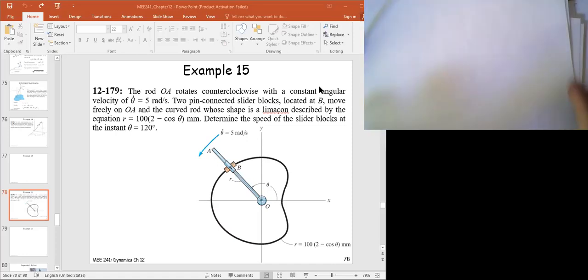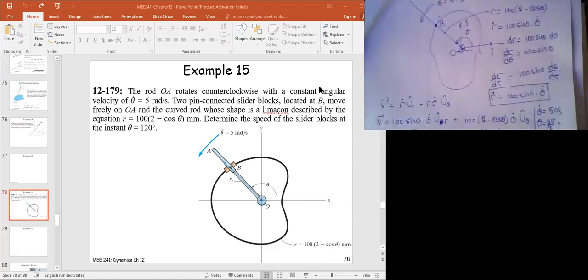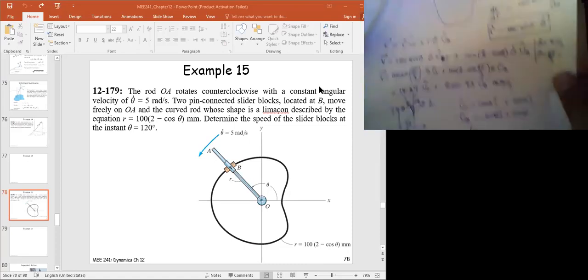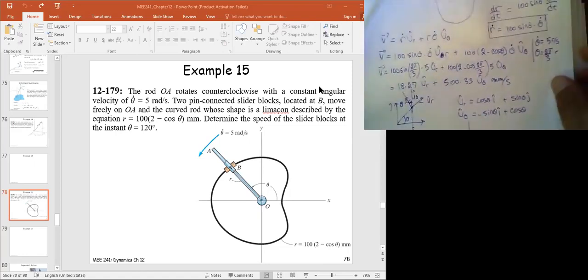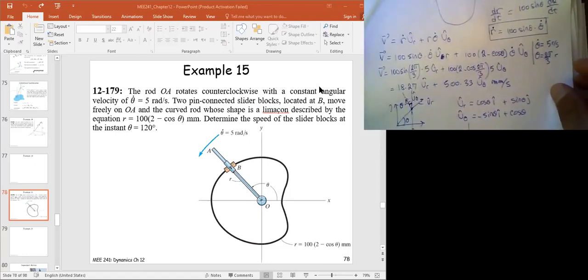Doctor, I have a question. Yeah, sure. About if we need to integrate with respect to time or derive with respect to time, could we have integrated theta prime with respect to time and then put this in the r equation and then directly derive r with respect to time?